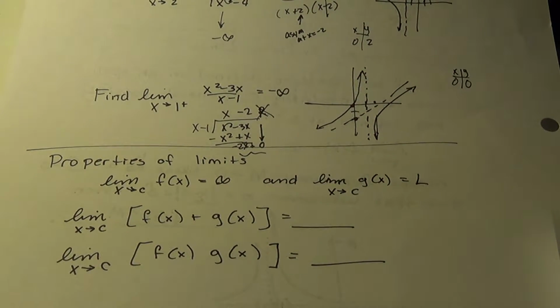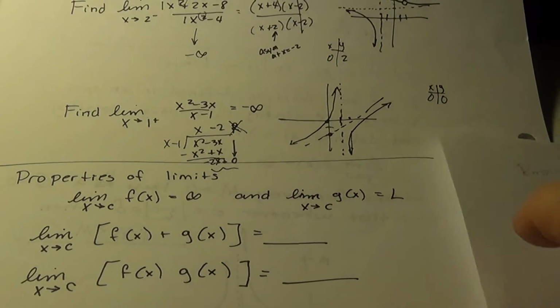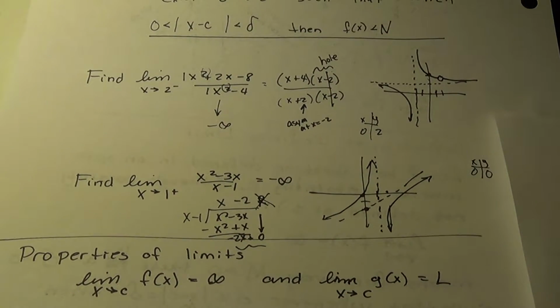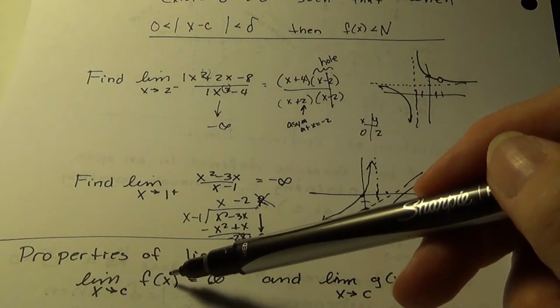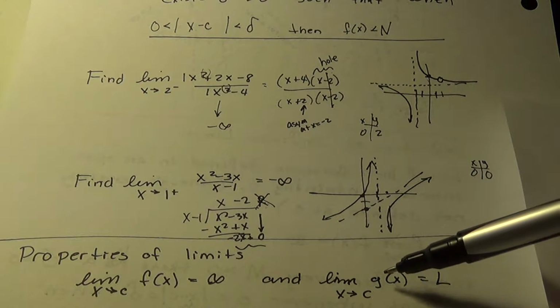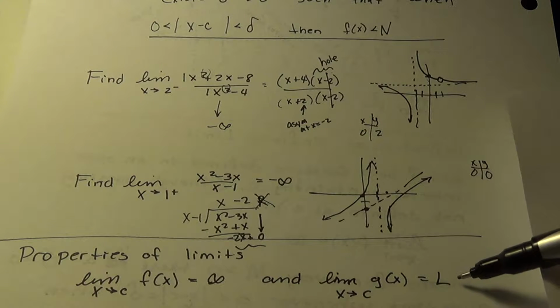We will end with properties of limits, and the properties of limits can be stated like this. Let me cover up some of this. Let's say that we're given the limit as x approaches c of a function is infinite, and the limit of another function as x approaches c is not infinite, it's L, it's a number.